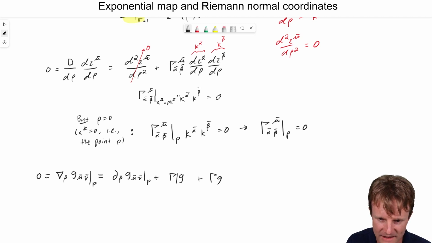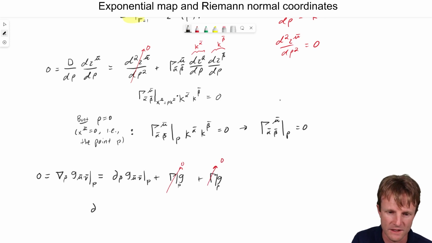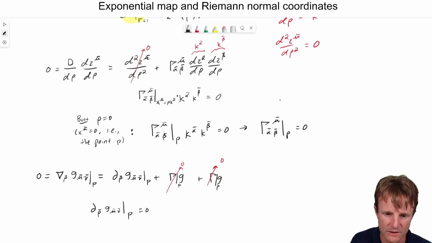And in that case, I have Christoffel symbols in Riemann normal coordinates at the point P, which I just showed are vanishing. And so finally, we conclude that del rho bar g mu bar nu bar at a point P equals 0.